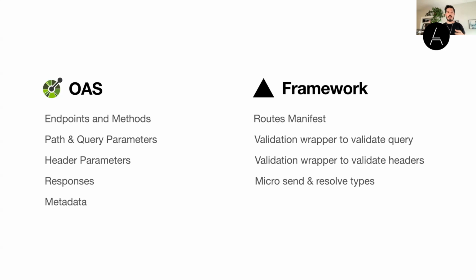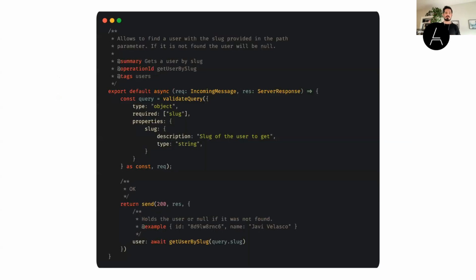And metadata can be added by enriching all of our functions, each of our wrappers and each of our handlers with JSDoc. So in the end, what we have are handlers, one for each of our domain logic, and they look like this. We have a comment that describes what the operation is doing, a summary, an operation ID for future generated clients, tags, and then a validator.